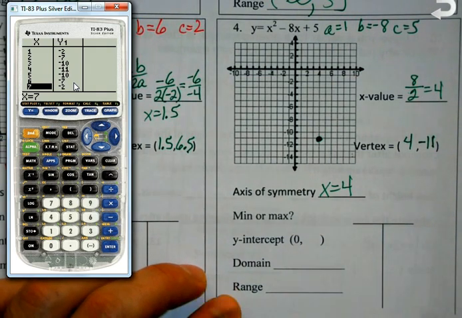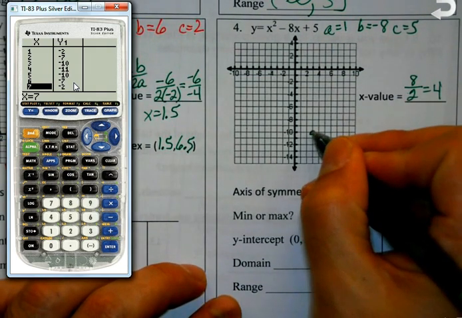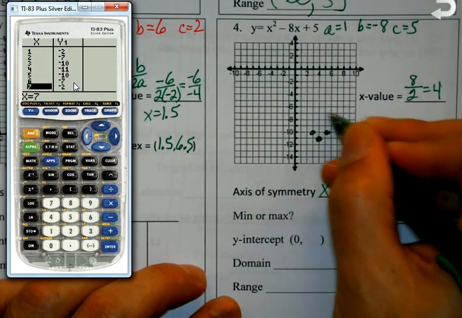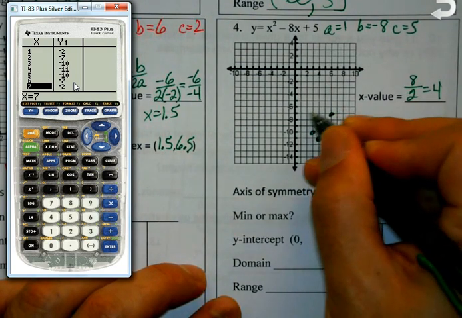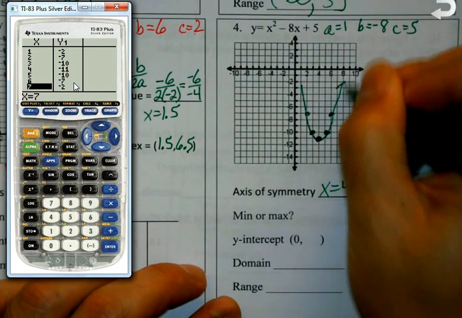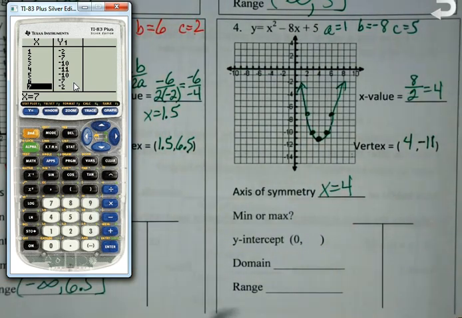I mean, I see the symmetry right there. Might as well use it. So then we're going up 3 and over 1. Up 3 and over 1. And get it drawn in. So you start to see all the patterns that develop with this. And once you start nailing those, it gets to be a lot easier to work with.